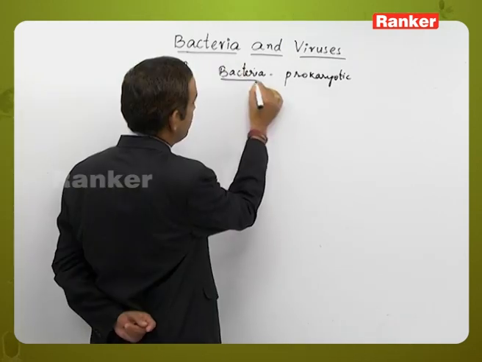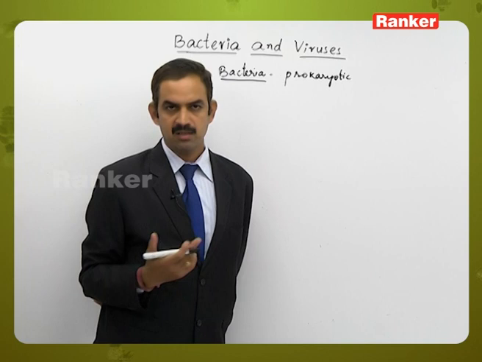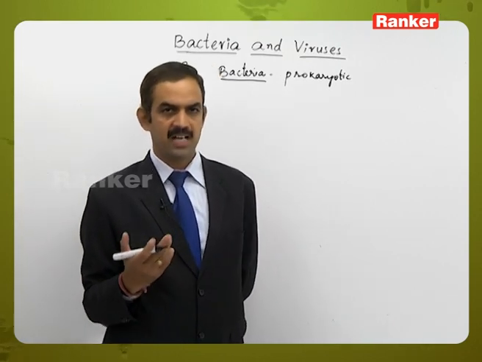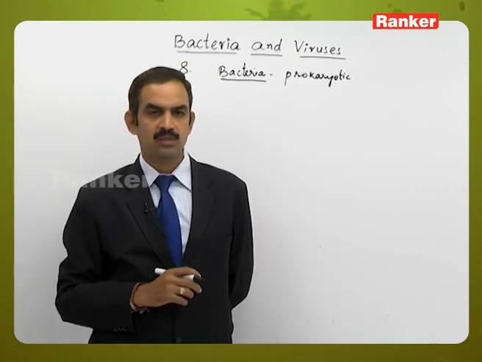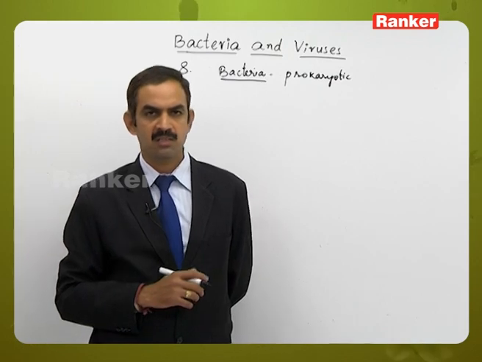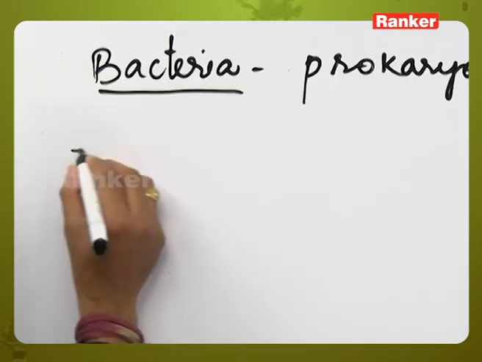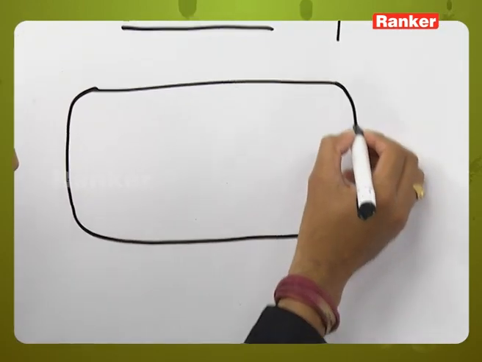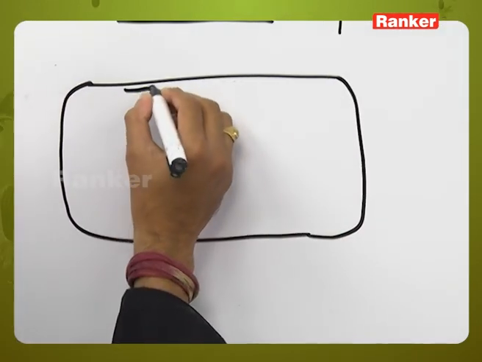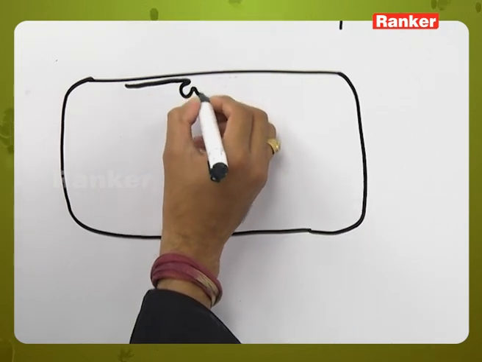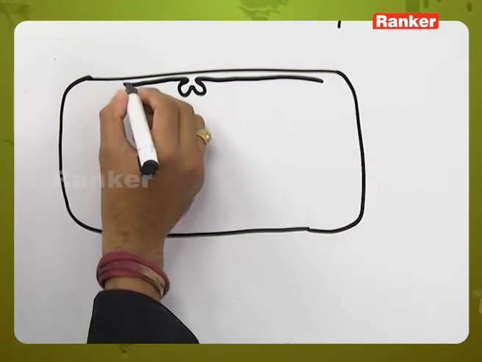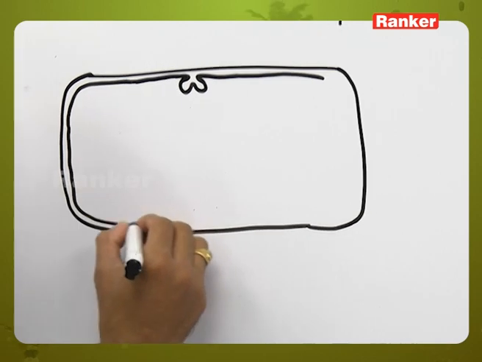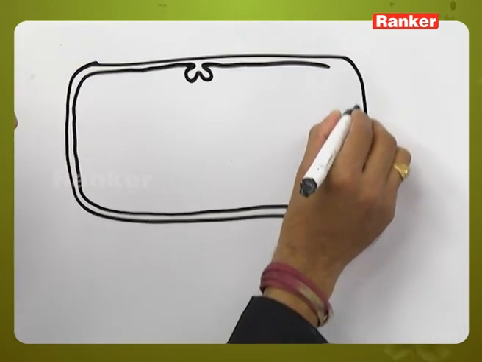But initially, when the bacterial structure was discovered, the scientists found that some sort of inner foldings are formed by the plasma membrane. This is the cell wall, and somewhere here is the plasma membrane, where we can see the inner foldings. These inner foldings are known as the mesosomes.